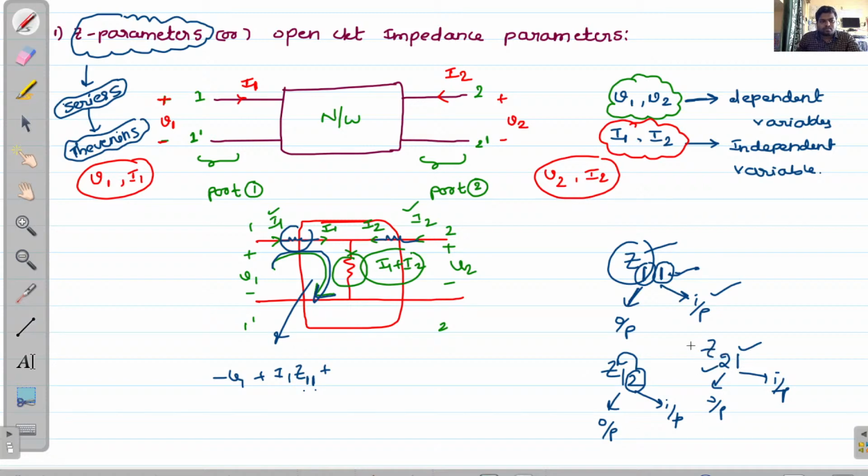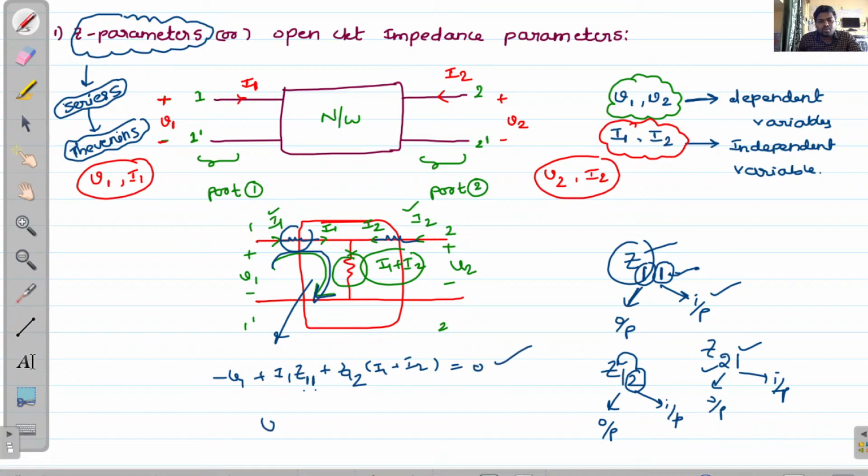So now, here you are getting Z11. After that, you can take Z12, and the combination of these two currents, that means I1 plus I2. You will get the algebraic sum of voltage equal to 0.